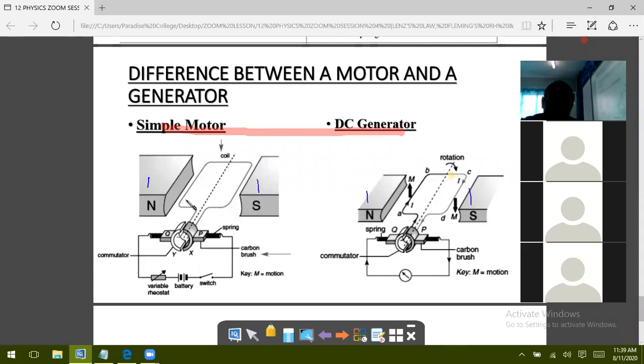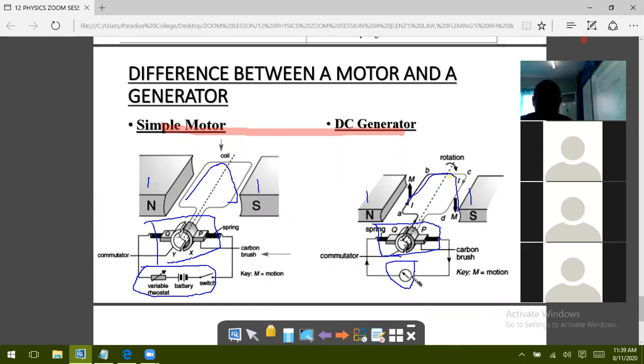You have a coil here, the same as the other coil. Rotation is taking place. You have the commutators and carbon brushes, all of those, just the same. But the only difference is that this bit here is an electricity source, whereas this is called a load, some resistor or some lamp, something like that. Can you see the difference?